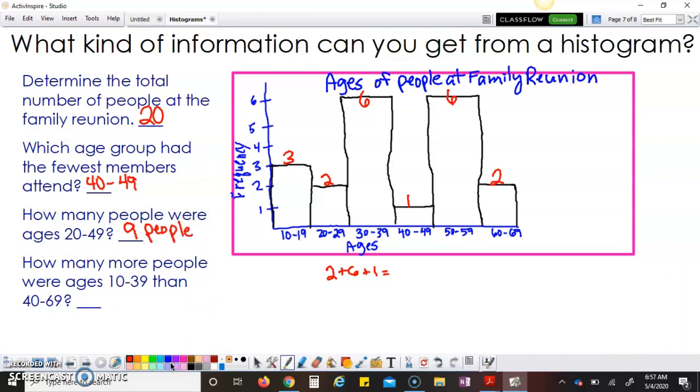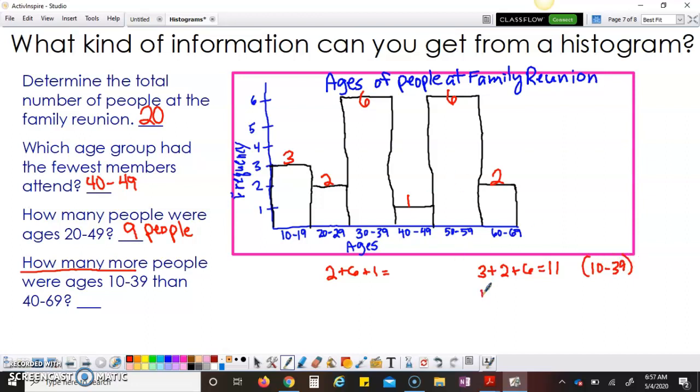And then this one, be careful, make sure you're reading carefully. This one says, how many more people were ages 10 to 39 than 40 to 69, okay? So on this one, you know how many more than means we're going to be subtracting somewhere. So 10 to 39, so we've got 3 people plus 2 people plus 6 people, okay? So 3, 4, 5 plus 6 is 11. So 11 people are 10 to 39.